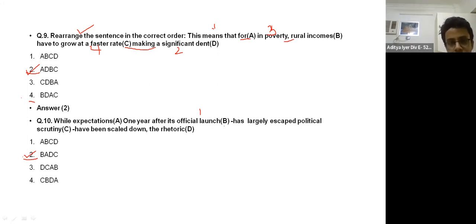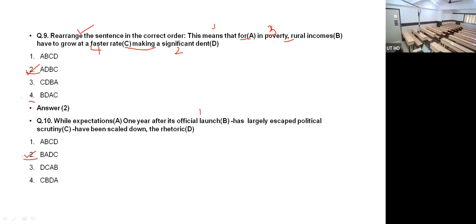After the official launch, we would have a comma here, that would make sense. "While expectations have been scaled down." What has scaled down? Expectations have been scaled down. So you have to link the ideas. In these questions, what you have to do is link the ideas.